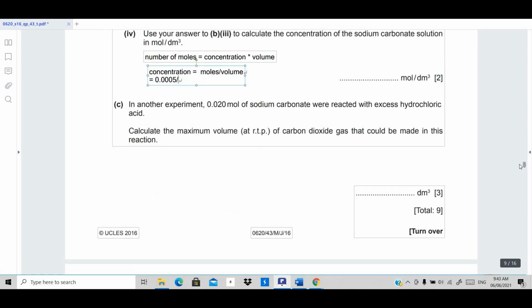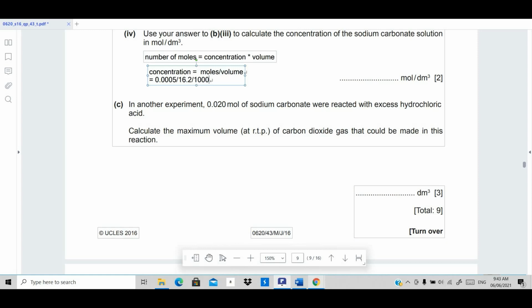We need to convert this into decimeter cubes, so we divide by 1000. So we need to divide the moles by the volume: 0.005 over 16.2 over 1000. The answer for this question will be 0.031.